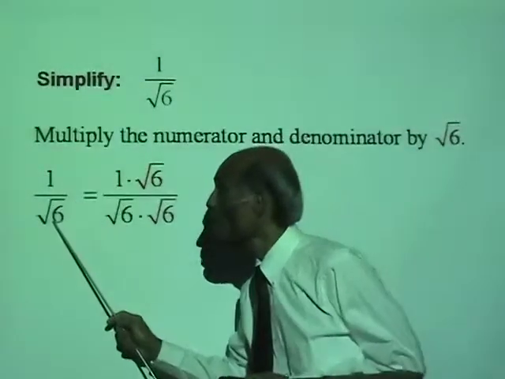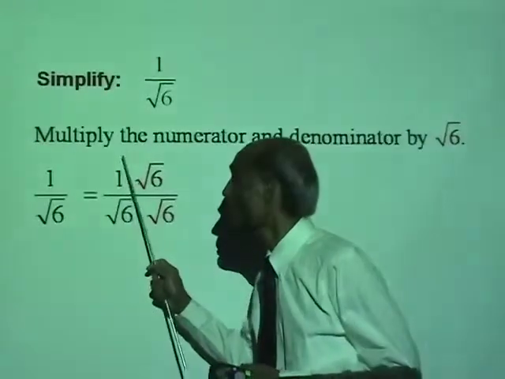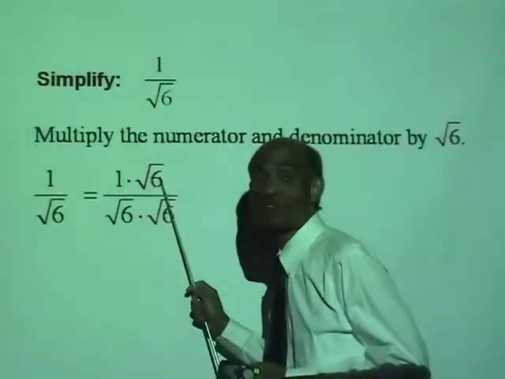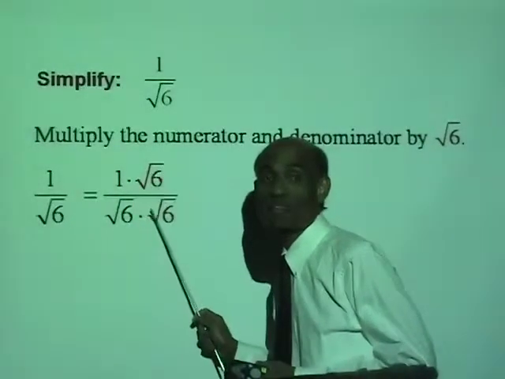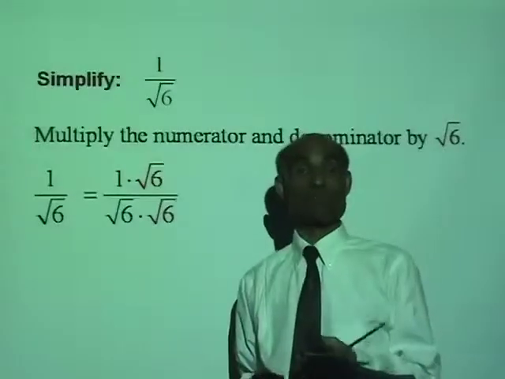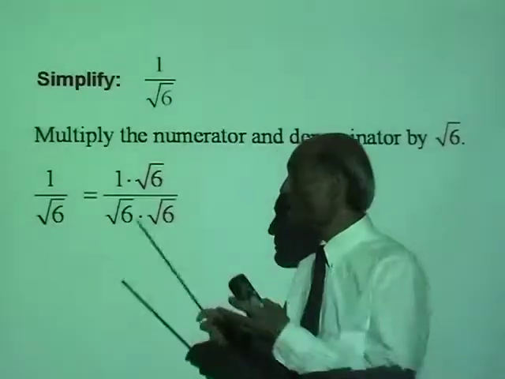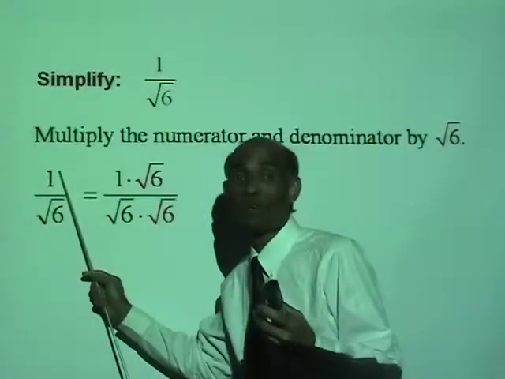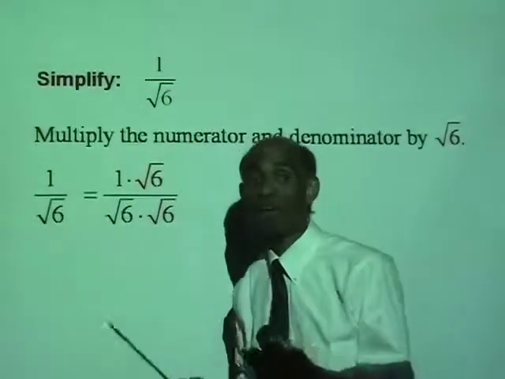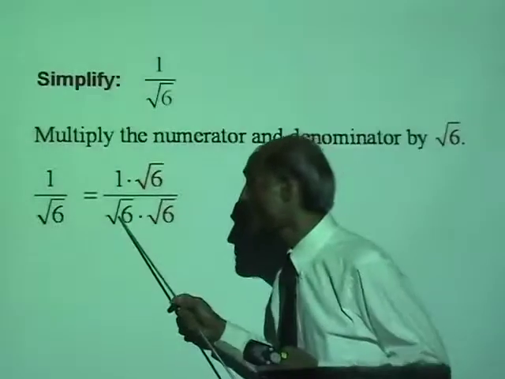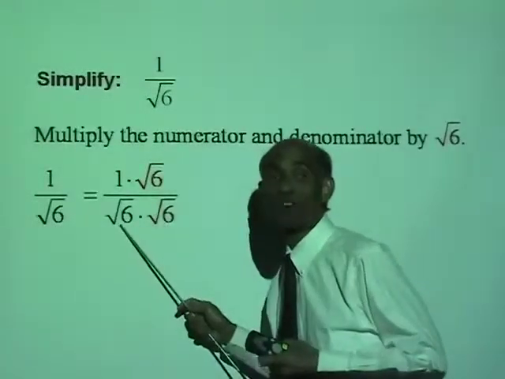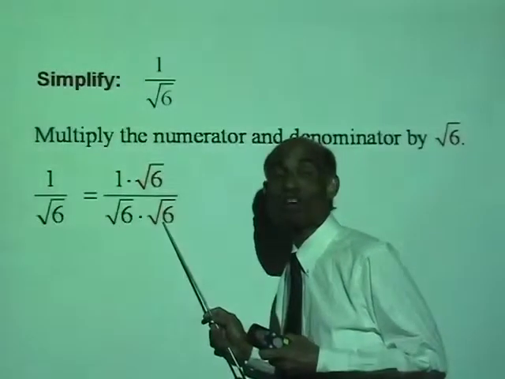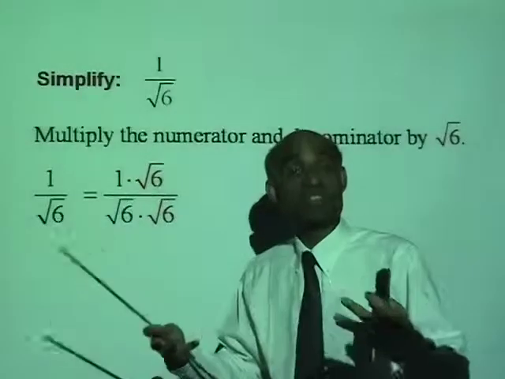So 1 over square root of 6 equal to 1 times square root of 6 divided by square root 6 times square root 6. Have we changed the value of this quantity? No, we haven't. But what have we achieved? The denominator now becomes square root 6 times square root 6 is a 6.